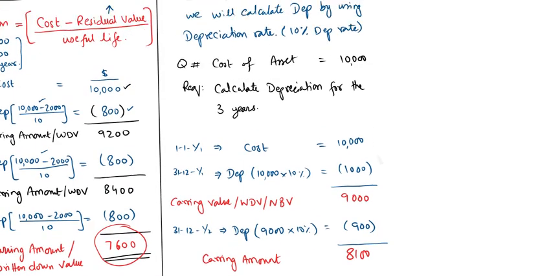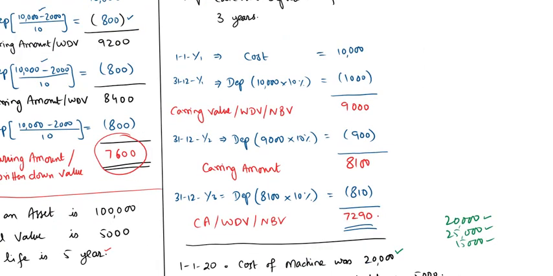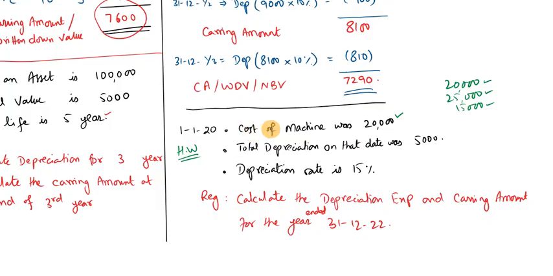I tell that in reducing balance method, we start calculating depreciation not on cost but on the written down value. Because this is the first year of the asset, we deliberately start from the cost. But in this question, it was not the start of an asset.